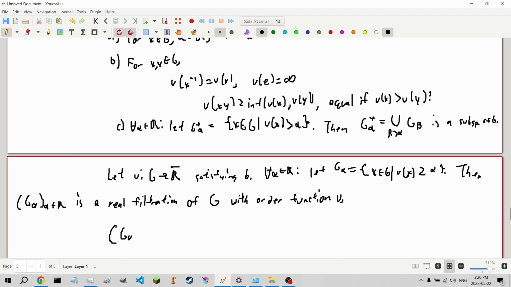The filtration G_alpha is integral if and only if V, the order function, maps G into Z, with of course positive and negative infinity.